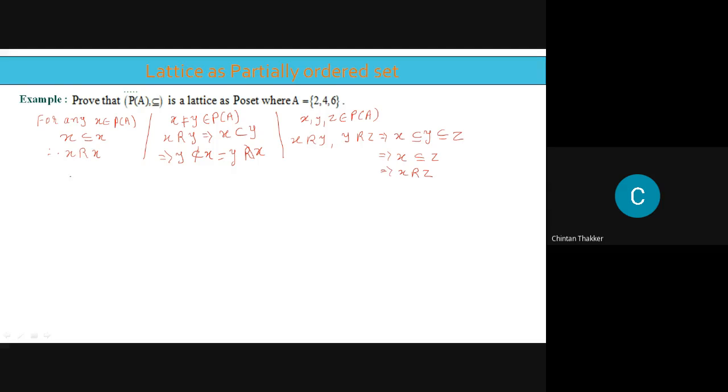So here, for this example, P of A is phi, singleton 2, singleton 4, singleton 6, two-element sets {2, 4}, {2, 6}, {4, 6}, and A itself. Here we make the same table.